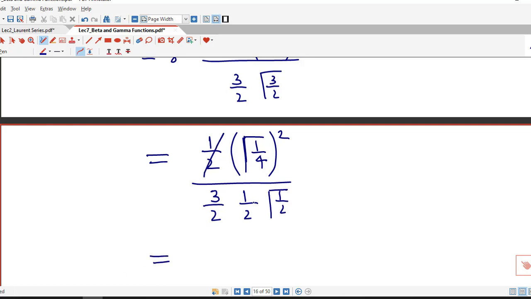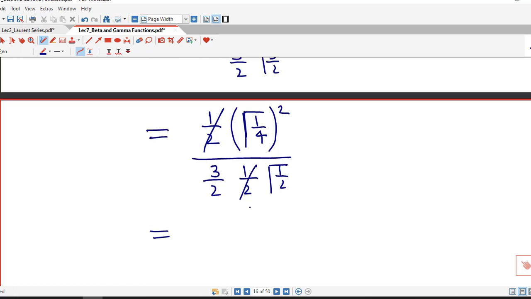So this 1 by 2 will cancel out, and gamma 1 by 2 is square root of pi. So we have gamma 1 by 4 square, and here if we take 3 by 2 in the denominator, 1 over 3 by 2 is 2 by 3. So we will have 2 divided by 3, and gamma 1 by 2 is square root of pi.